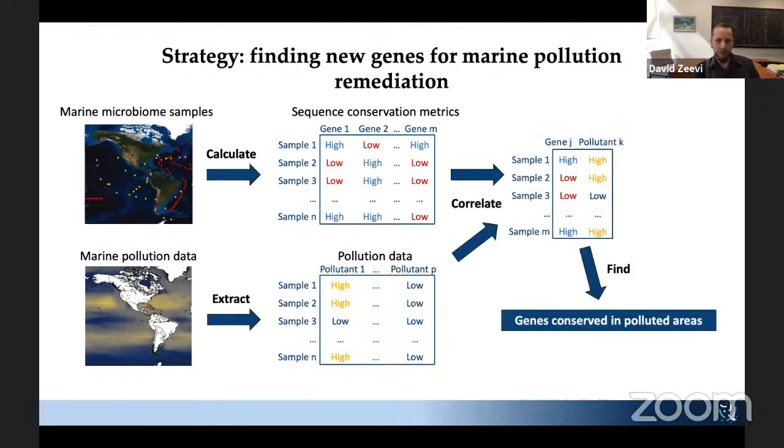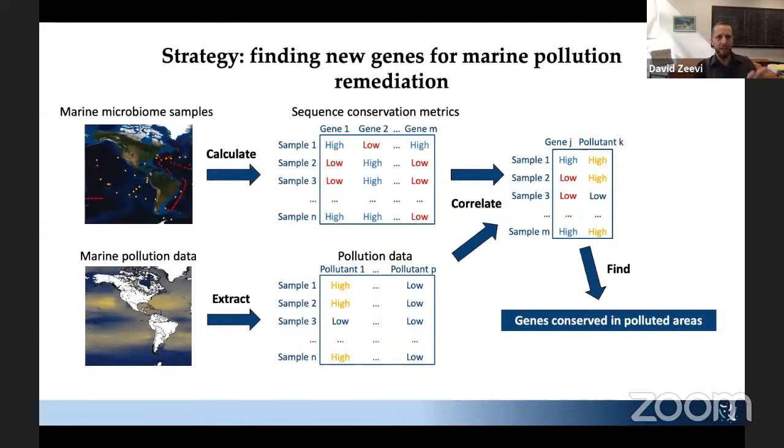Then we cross-correlate, or associate, the conservation metrics and the pollution metrics, and find genes that are only conserved in regions where there is pollution. Our notion was that these genes would be good candidates for treating these pollutants, either in a bioreactor or maybe even in situ. It would definitely teach us more about how microbes react to these pollutants.